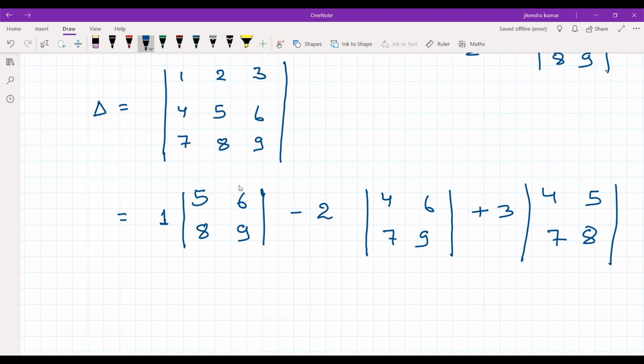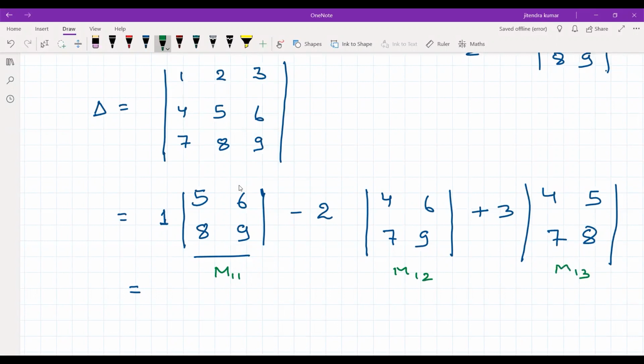Now if you see here, this is our M11, this is M12, and this is M13.